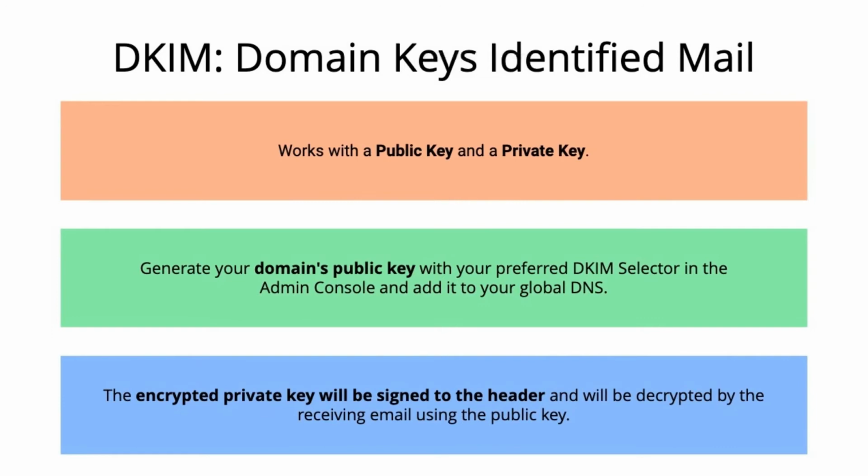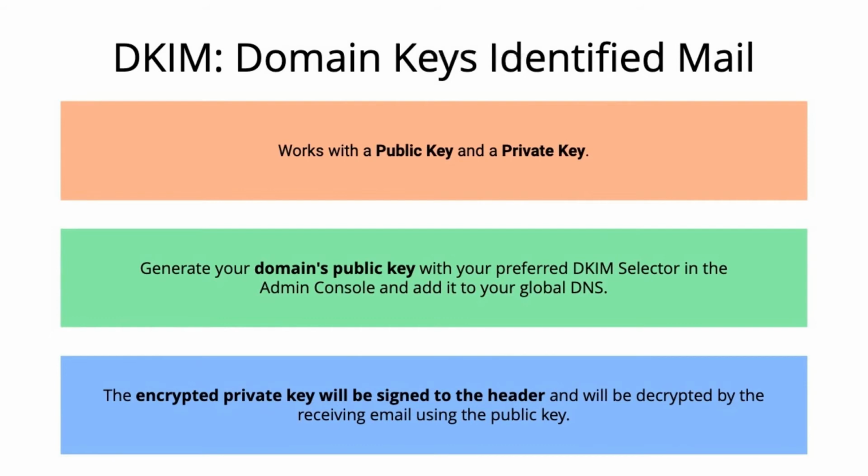So, what happens with the private key? Zoho Mail maintains a securely stored private key that gets signed in all the emails sent via our servers. But within that, we also add an encrypted hash value with all the information that gets uniquely generated to the email's header along with the method of hash generation.